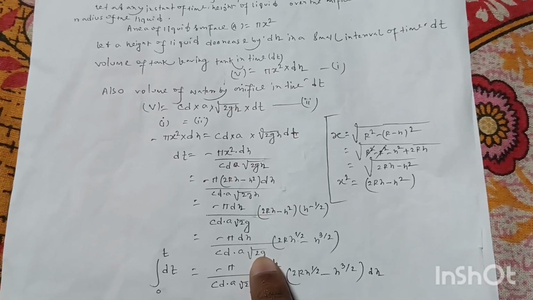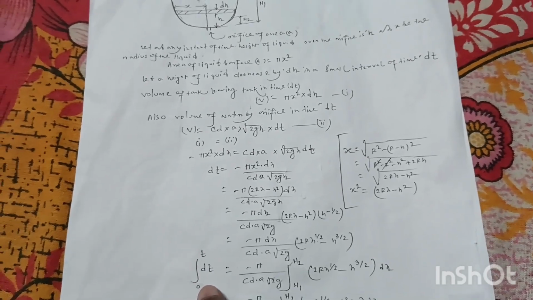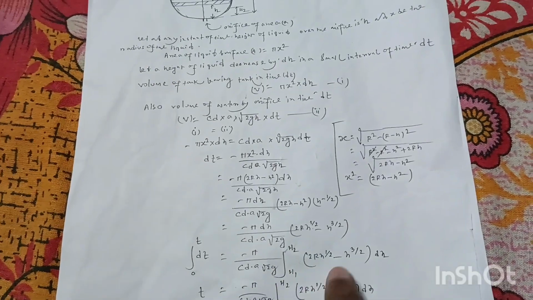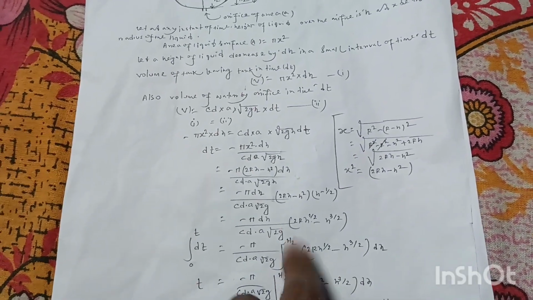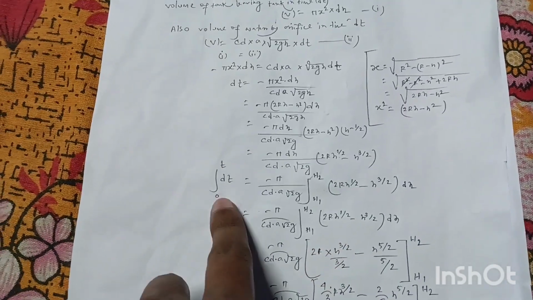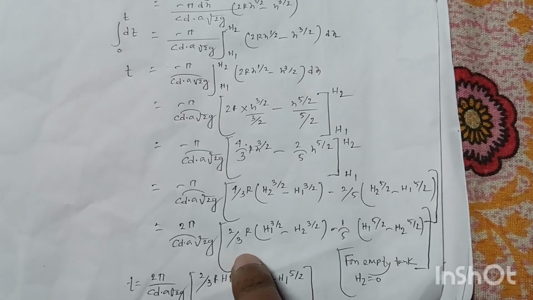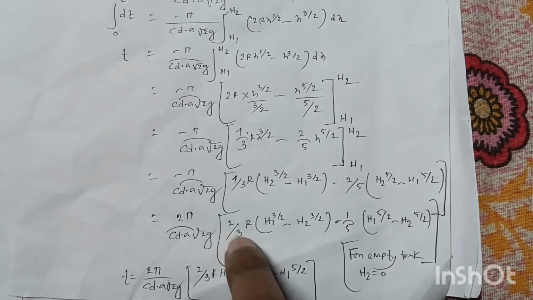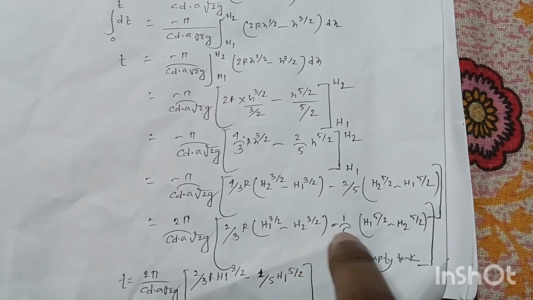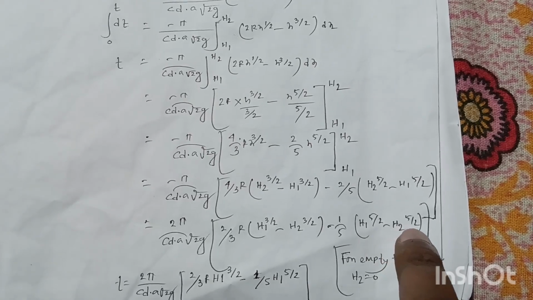If we put the value of x square here, we will get this final equation. Now if we integrate from the lower limit to the upper limit, dt from 0 to t and this equation from h1 to h2, we will get time t equal to 2 pi by Cd into a into root over 2g within bracket 2/3 r into h1 to the power 3 by 2 minus h2 to the power 3 by 2, minus 1 by 5 within bracket h1 to the power 5 by 2 minus h2 to the power 5 by 2.